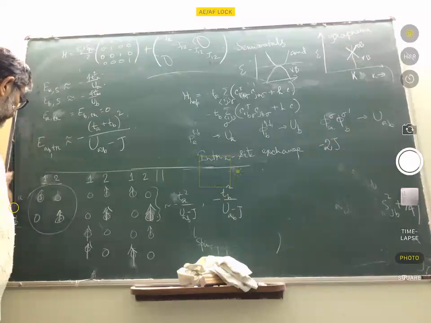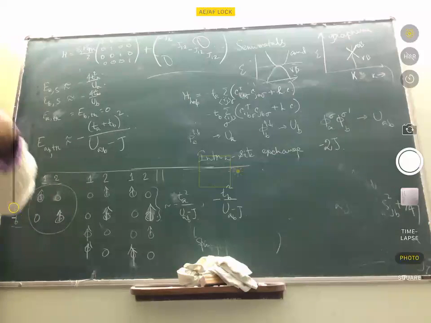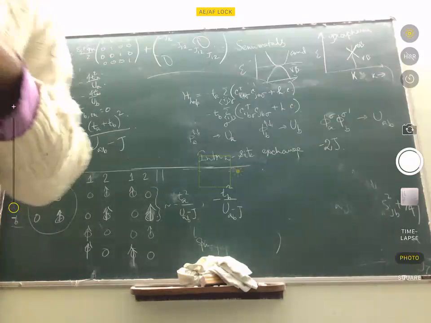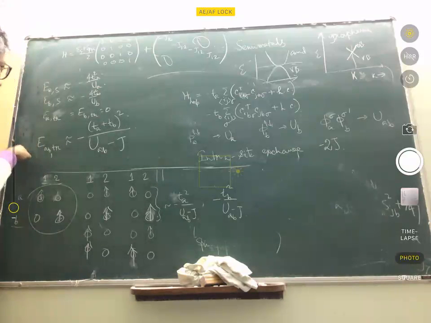So this is the lowest energy state. That's the argument. Now, this is all hand-waving plausibility argument. There's nothing rigorous about it, so don't think I'm proving something rigorously. I'm not. But being able to make this sort of argument is also important. So this argument shows that this triplet, which we call AB triplet, should be the lowest energy state.